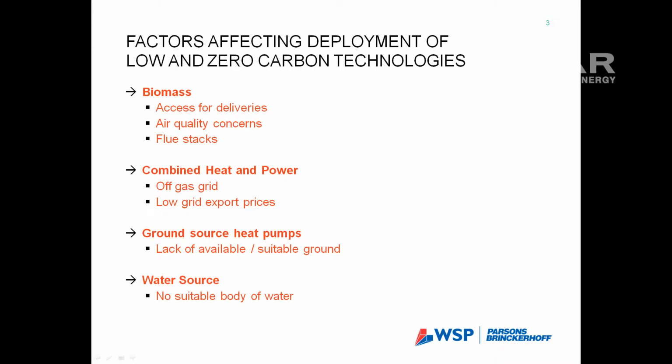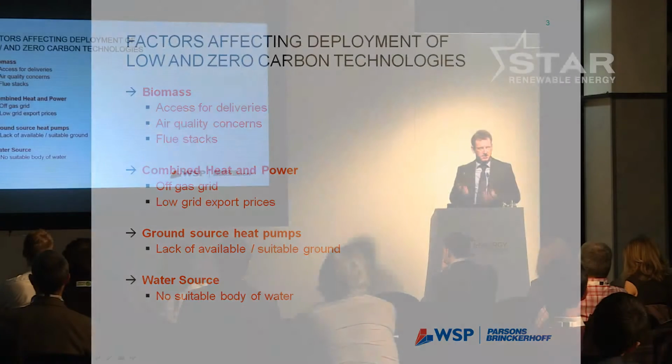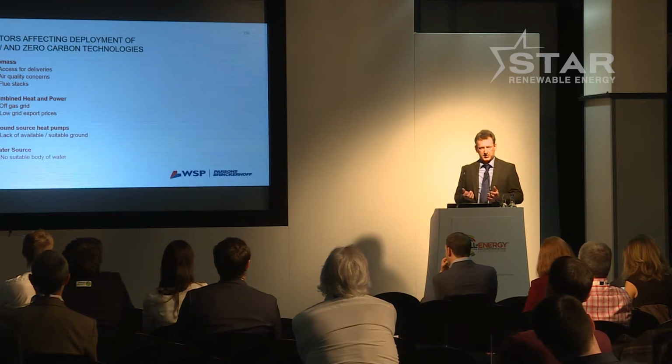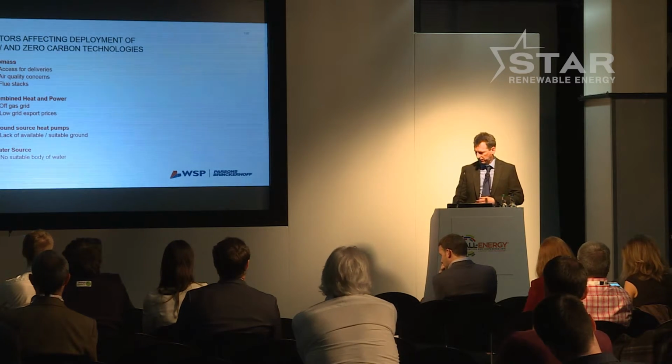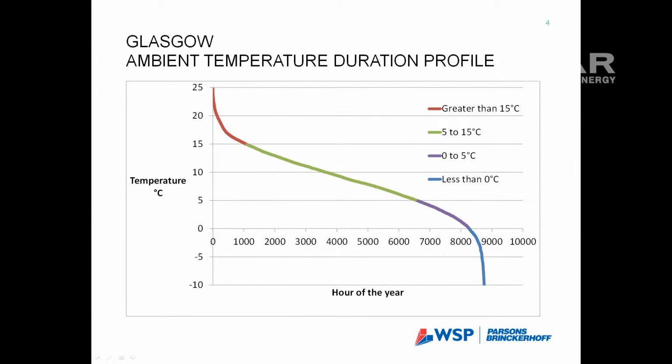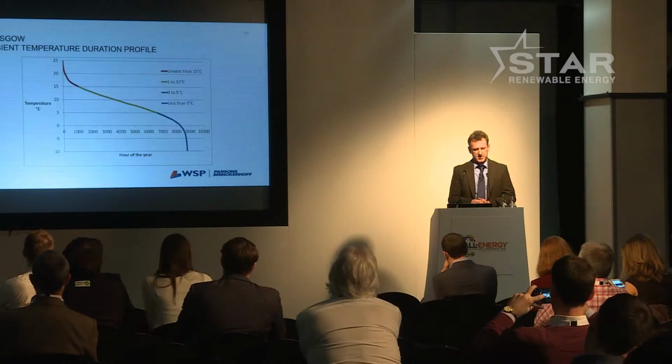Air source doesn't have any of these constraints, and in the UK it's particularly suitable because the climate is actually quite mild. It's illustrated in this graph, a temperature profile by number of hours per year, for the temperature reached in Glasgow.